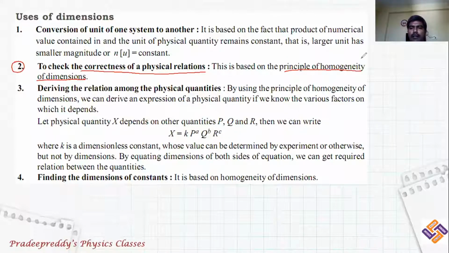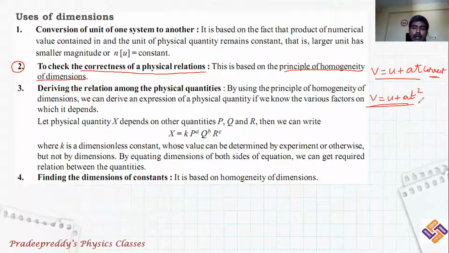Say for example, we have the kinematic equation, V is equal to U plus AT. This is the correct equation, right? But if a student has doubt in his mind whether this equation is correct or not, he may think V is equal to U plus AT square is correct, but the actual relation is the first one.